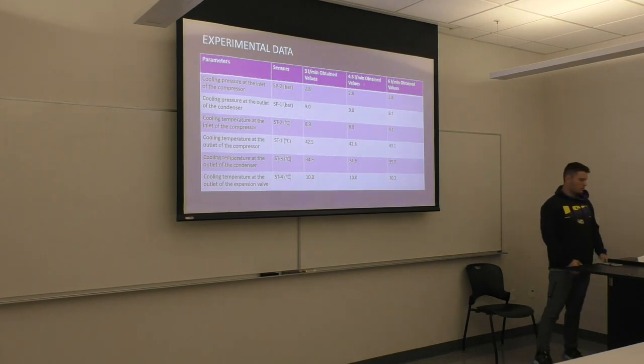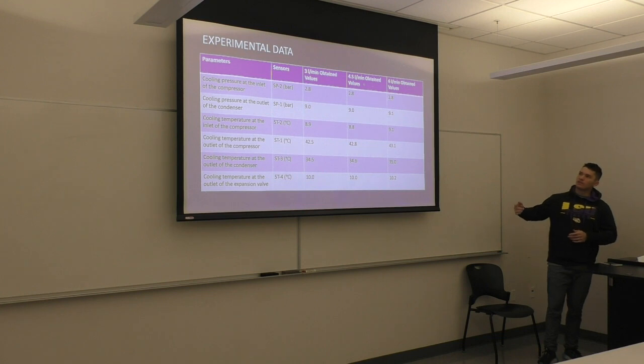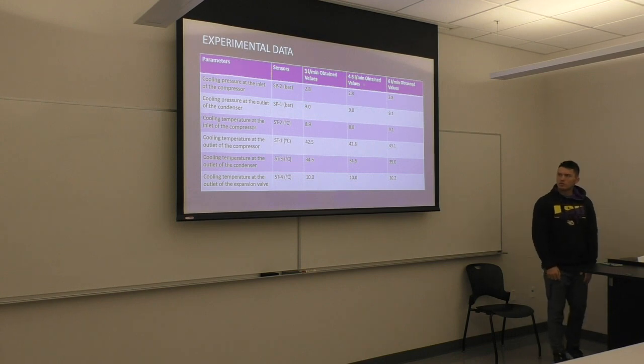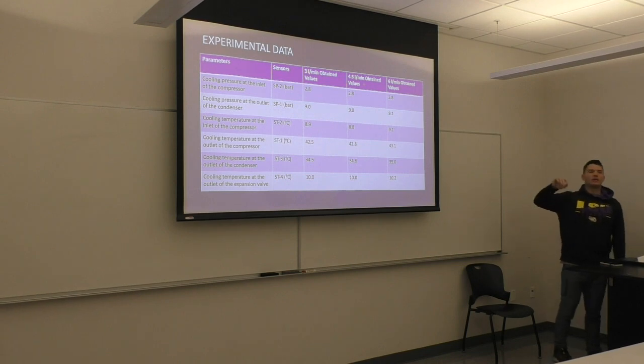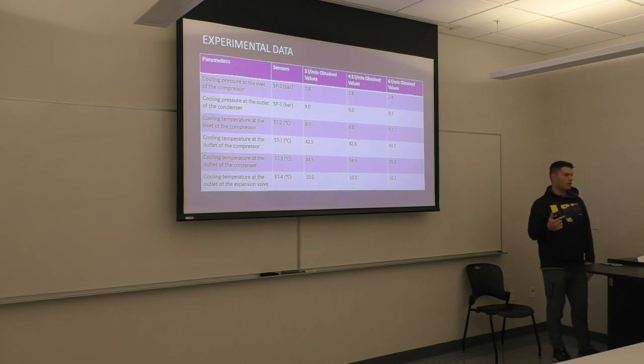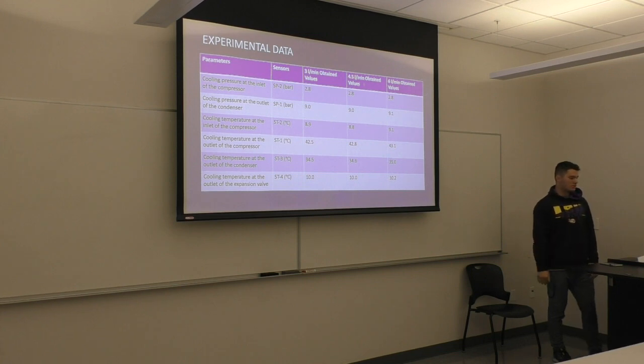Experimental data shown. So at the inlet of the compressor, there's a diagram of this, but it's a little complicated, so I just put the data here. The temperature at the inlet of the compressor stays constant. As you can see, 2.8, 2.8, 2.8, and 3 liters per minute, 4.5 liters per minute, and 6 liters per minute were tested, so it stayed the same.